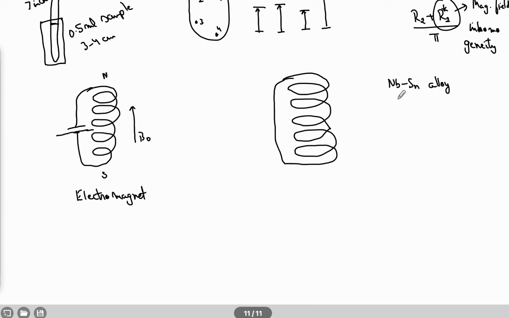Generally, these commercial spectrometer makers do not disclose the exact formulation of this alloy because of patent issues. But the major constituents are niobium and antimony, and a typical superconducting magnet coil runs for several miles.